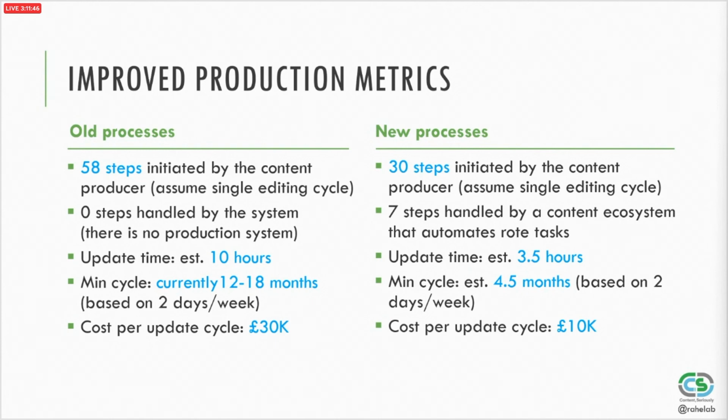And that meant that instead of taking 12 to 18 months, it would only take 4.5 months based on those same 2 days a week, which meant that it only cost them 10,000 pounds instead of 30,000 pounds for an update cycle, which meant that now they could either do way more countries, or they could put that extra time to good use, or if that person wanted to work part-time, then they could get a lot more done in that part-time, and then they had other things that they could take on.